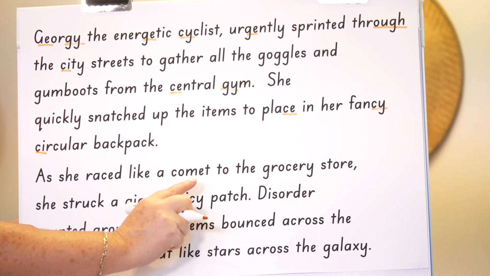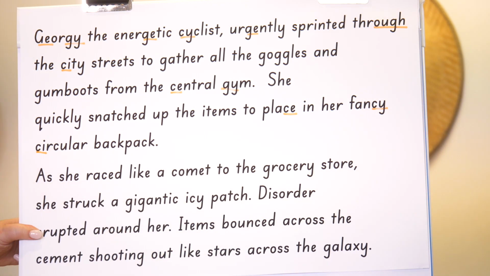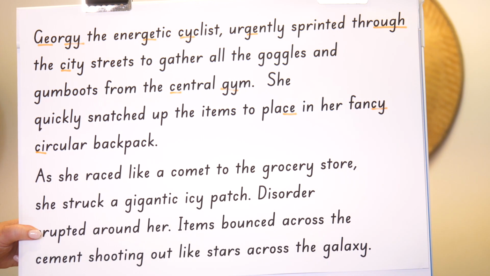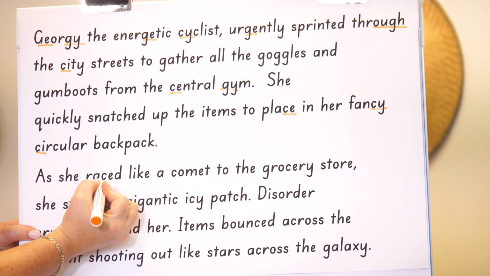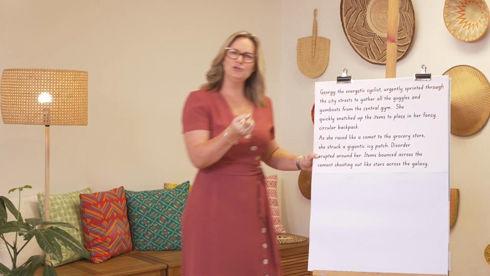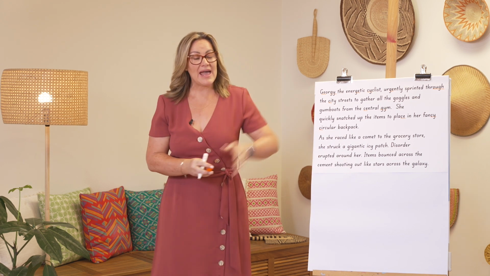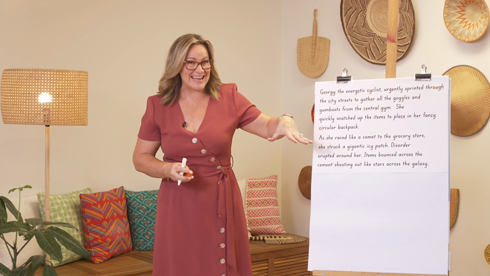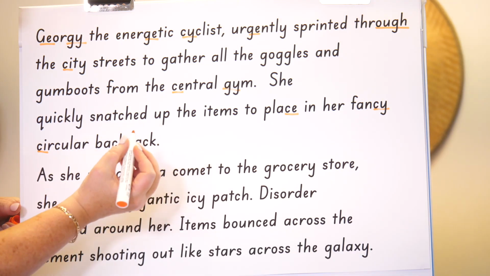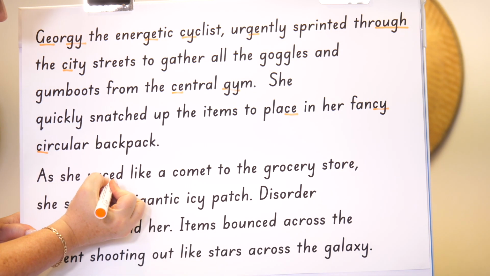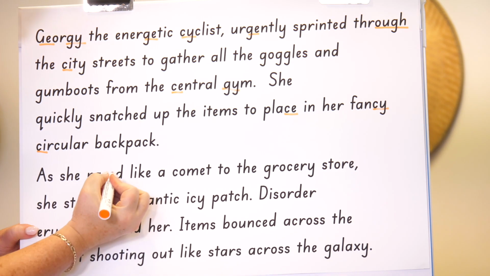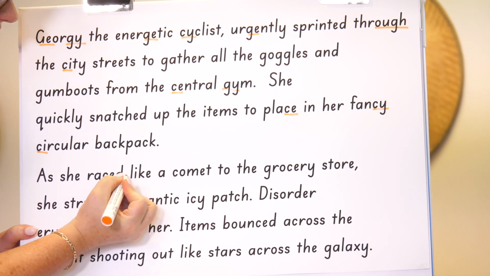As she raced like a comet to the grocery store. Okay, let's pick it. Race. Now this is an unusual one because we're adding a suffix as well. Remember when we're adding that vowel suffix, we would have dropped an E. So it is still making that S phoneme here, even though this is actually part of the suffix.